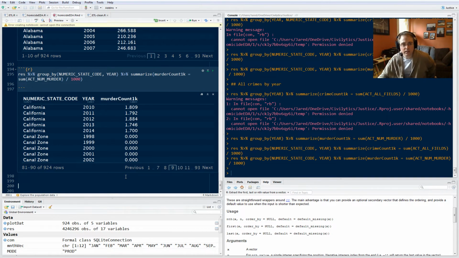Then the next thing, the last thing I want to do, I think, was look at the relationship between clearance and the total.